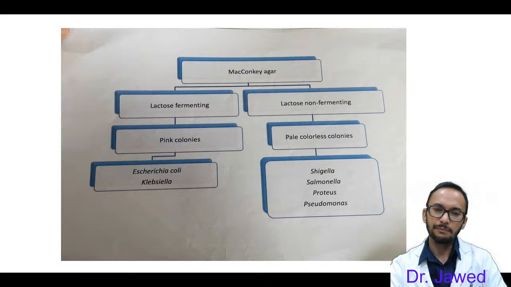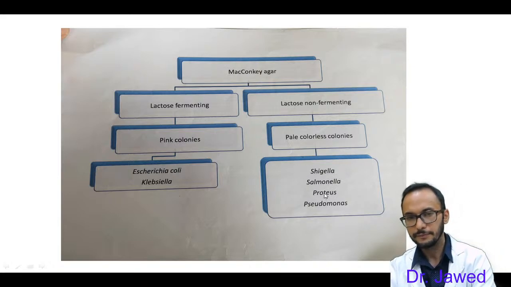So the organism will appear pink in color, and the pH indicator we are using here is neutral red. Some examples of lactose fermenting organisms are Escherichia coli and Klebsiella. And non-lactose fermenting organisms will be colorless and take the color of the media itself. Examples of non-lactose fermenting organisms are Shigella, Salmonella, Proteus and Pseudomonas.